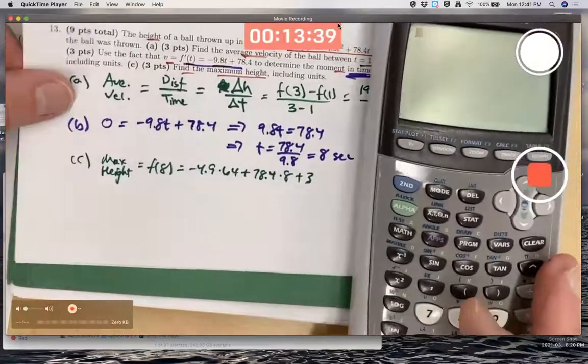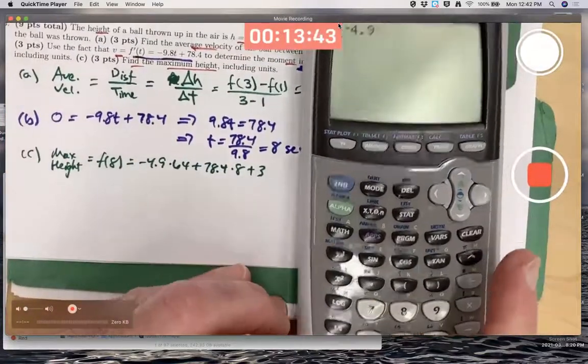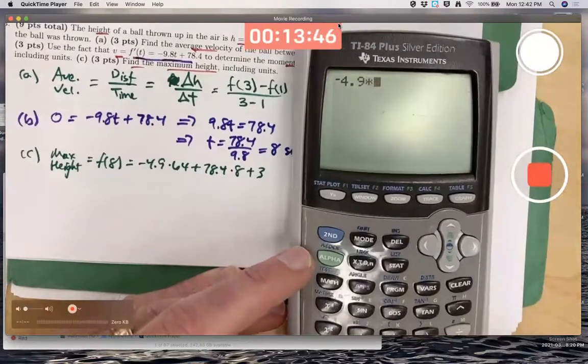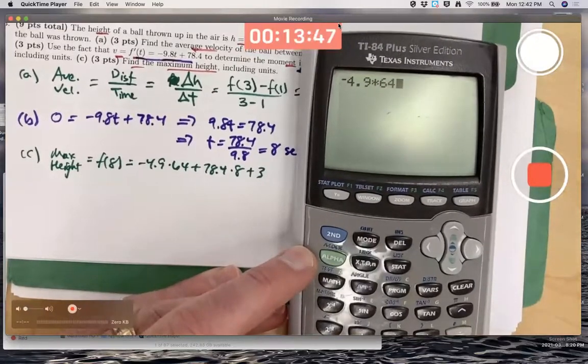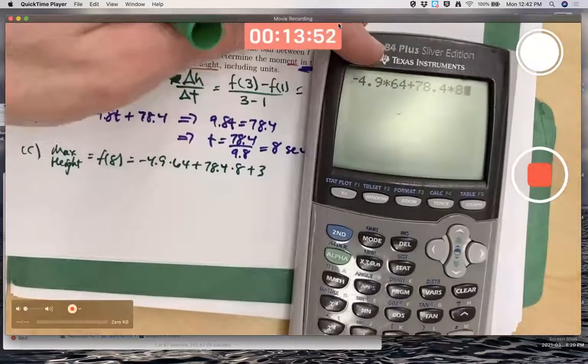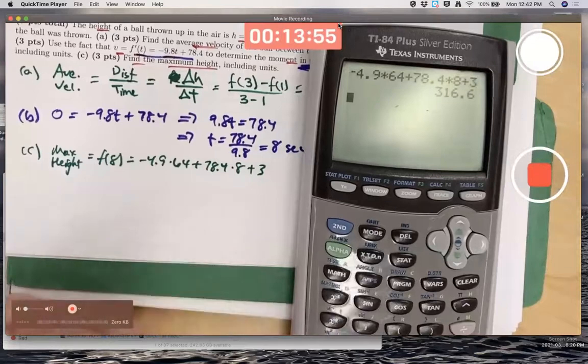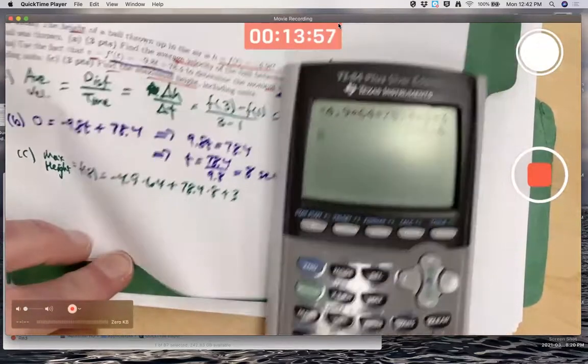And units will then, of course, be in meters. The maximum height is 316.6 meters.